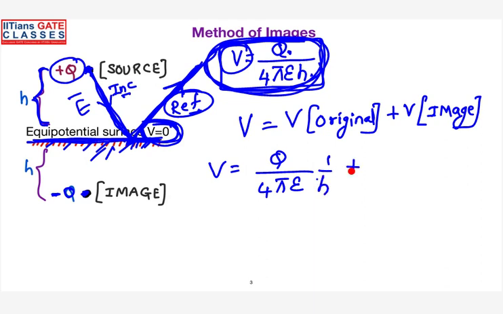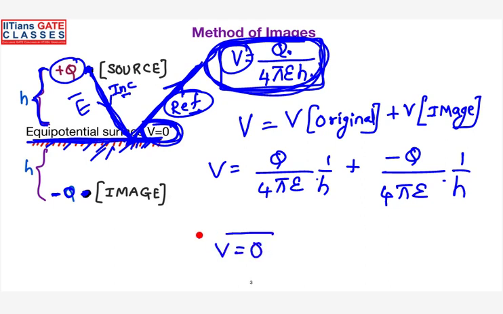Plus, what is the potential due to image source? This magnitude will be minus q by 4 pi epsilon into, it is also placed at a distance of h. So what is the resultant potential here right now? 0. So the ground is maintaining its potential 0 by considering both original source and image source.